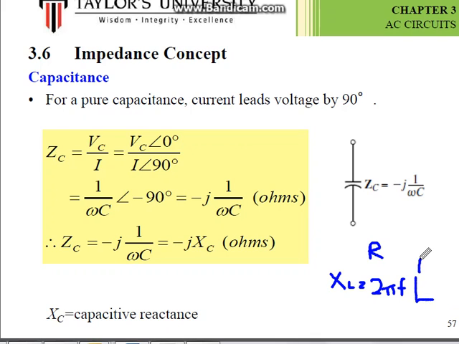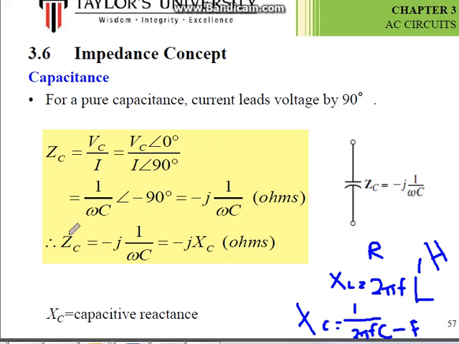What unit is this? This is in Henry. Similarly for my XC, it's basically 1 over 2 pi FC. C is my capacitance, also in Farad unit.